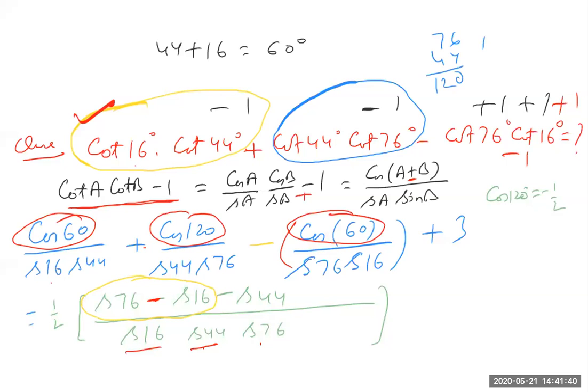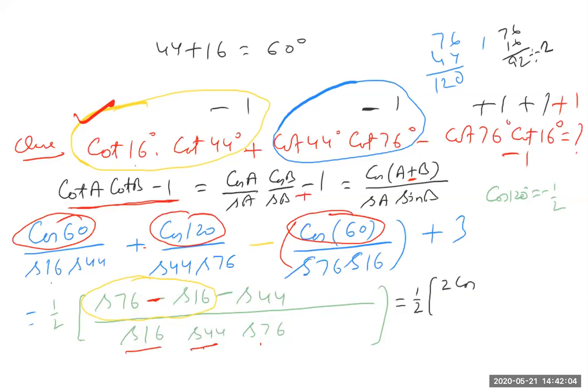So this is equal to 1 upon 2 times sin C minus sin D, which is 2 cos((C plus D)/2) sin((C minus D)/2). 76 plus 16 is how much? 92.